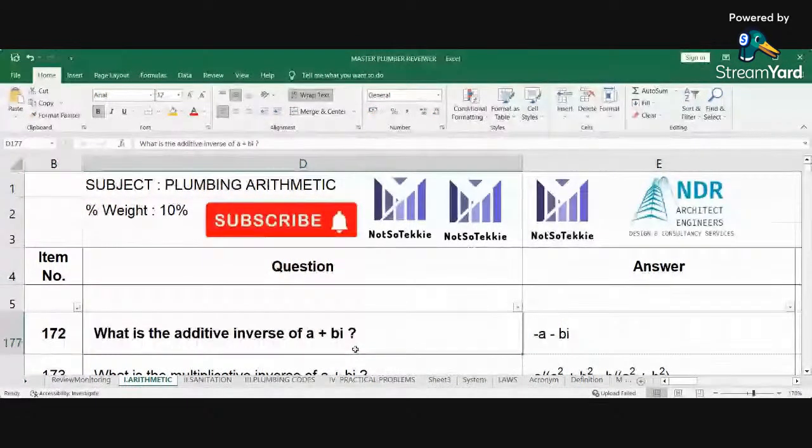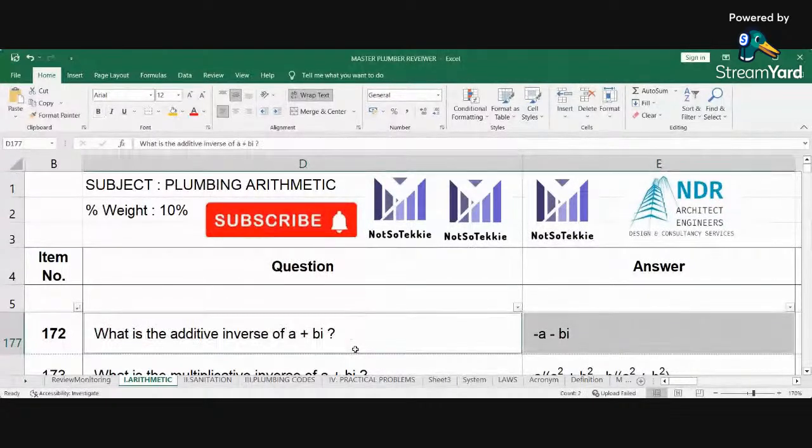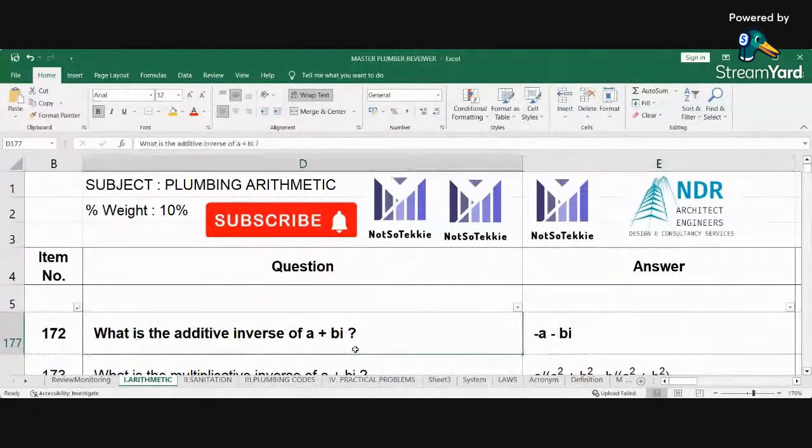What is the additive inverse of a plus bi? The answer is negative a minus bi, or minus a minus bi.